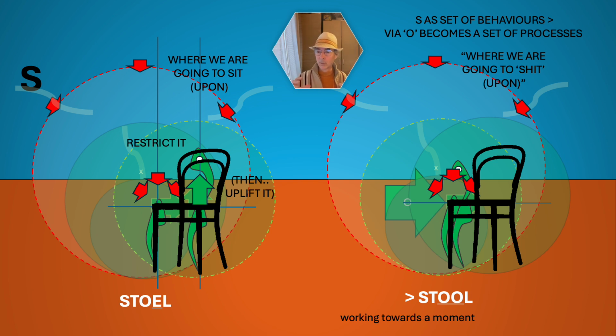This is about a whole process working towards that one moment. This whole behaviorism is not just behaviors around that process, it's also about processing. It's a whole process of the emphasis of O that works towards that moment.